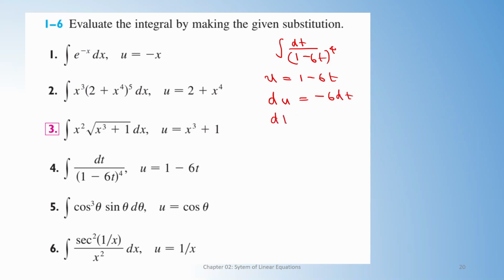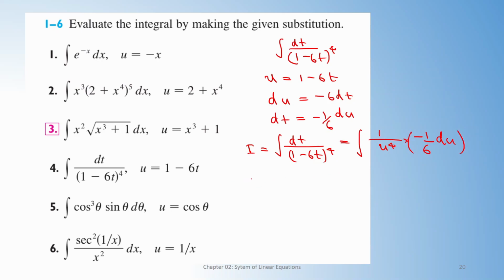So then dt is equal to minus 1 over 6 du. Then the integration of dt over (1 minus 6t) to the power 4. I will write dt separately: 1 over (1 minus 6t) is u to the power 4, and dt is minus 1 over 6 du.